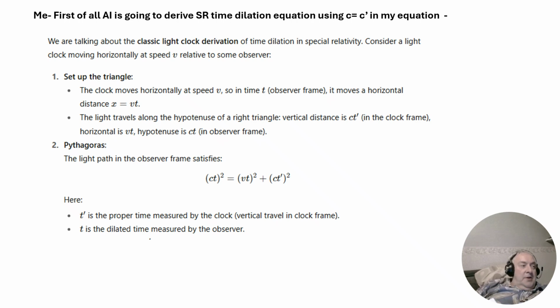So then by Pythagoras you can bring these distances together in that equation shown. So as noted, that's for my equations using C equals C prime. So I'll enter that.